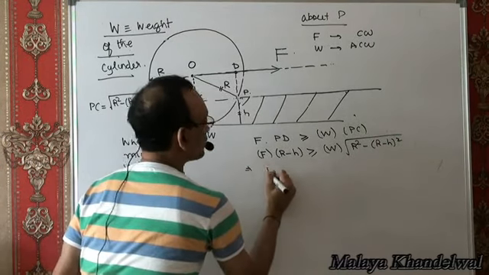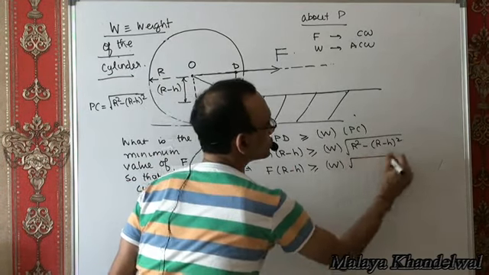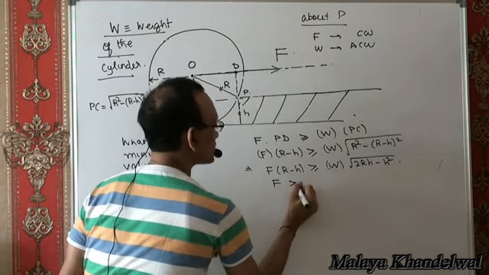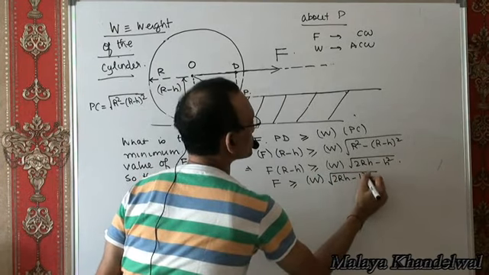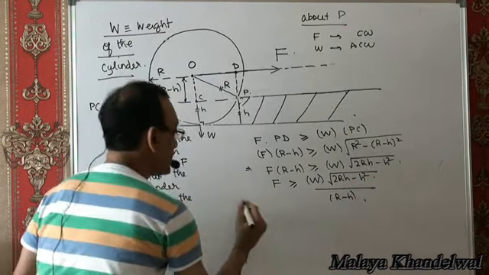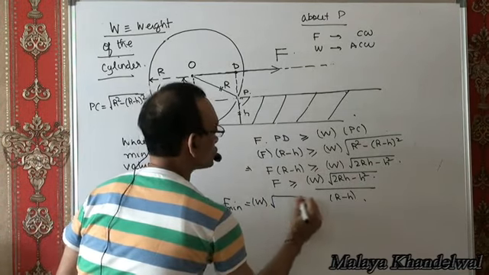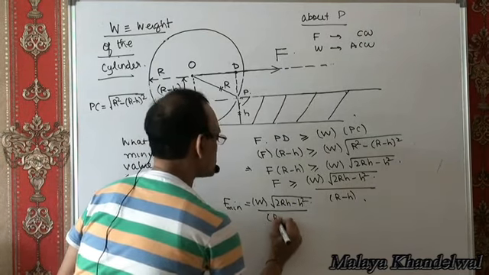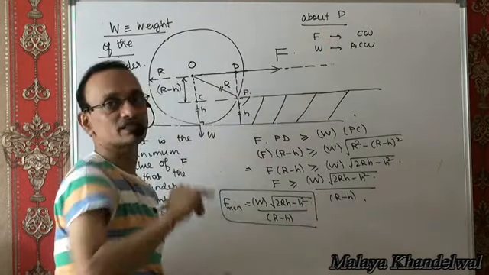That means F must be greater than or equal to W into root of 2RH minus H squared, divided by R minus H. So F minimum is W into root of 2RH minus H squared, by R minus H. That's the minimum value of F for which this will climb the step.